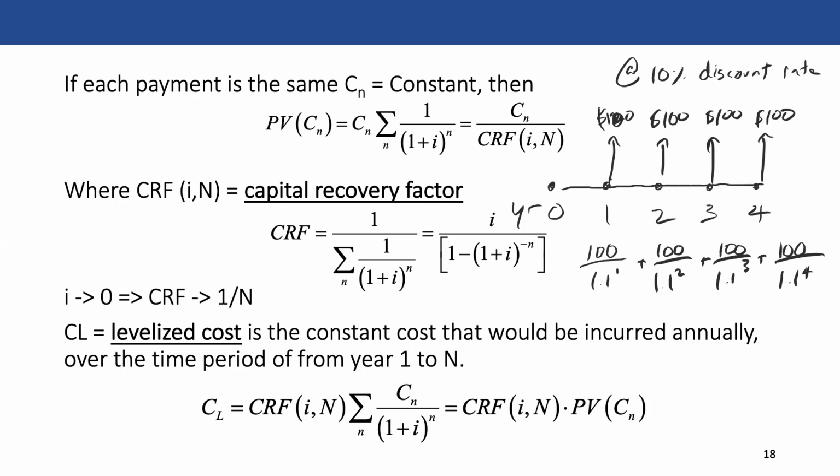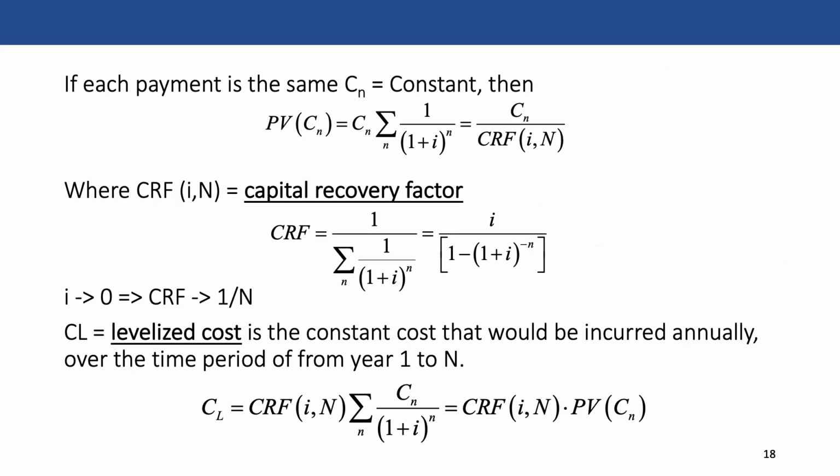And so this will give the value of the currency if I did all this math and added it all up. The whole point of the CRF is to do a little shortcut. If the payments are constant, which they are in this case, if they're $100 every year, then I can just calculate this number here, the capital recovery factor, plug that in, and then I don't need to do these large summations.